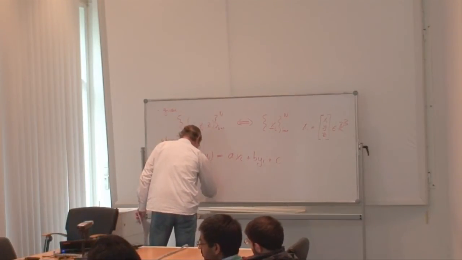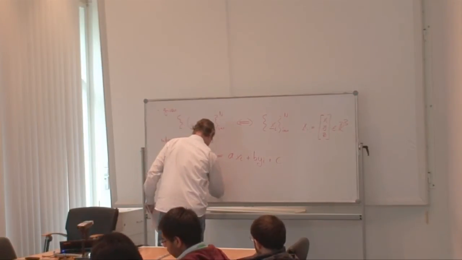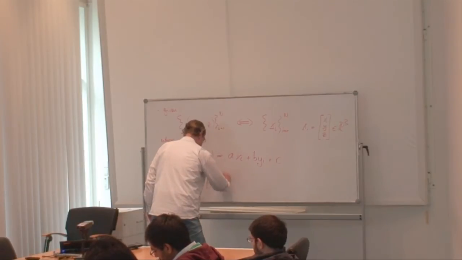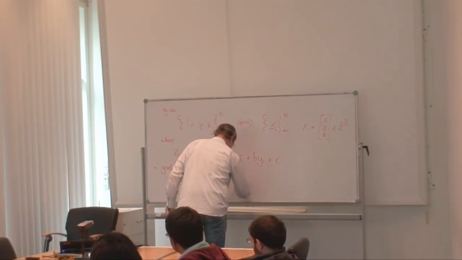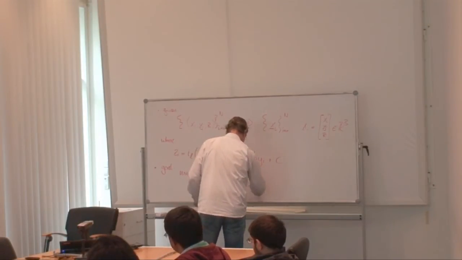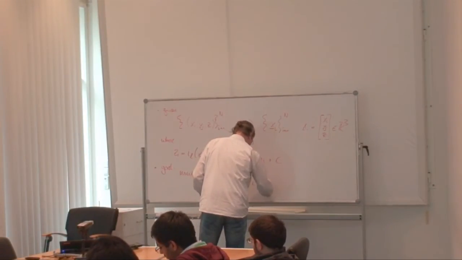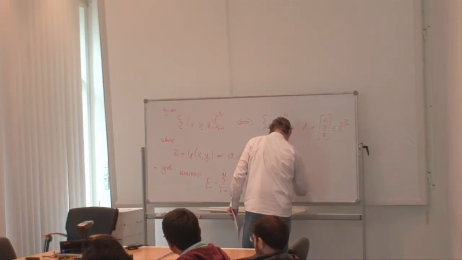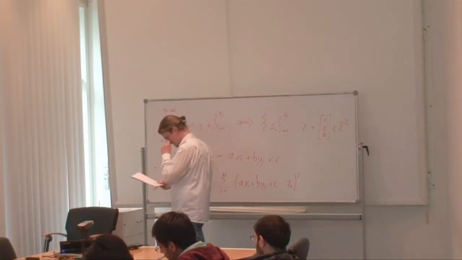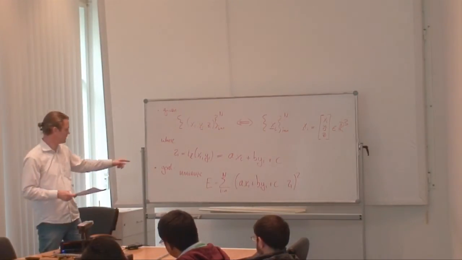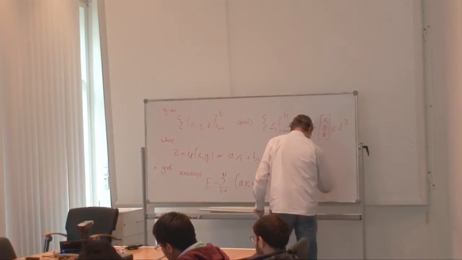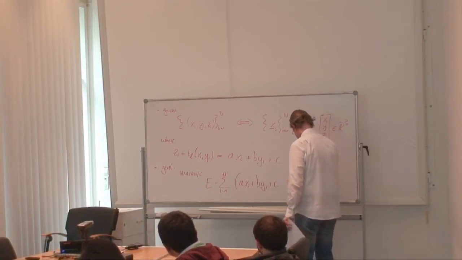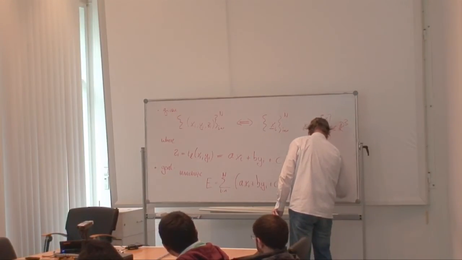And as always, I will call it E, and it is given as the sum, where I make explicit that i ranges from 1 up to N, of a times xi plus b times yi plus c minus zi, and it is squared again. We want to minimize all of this with respect to the parameters a, b, and c.